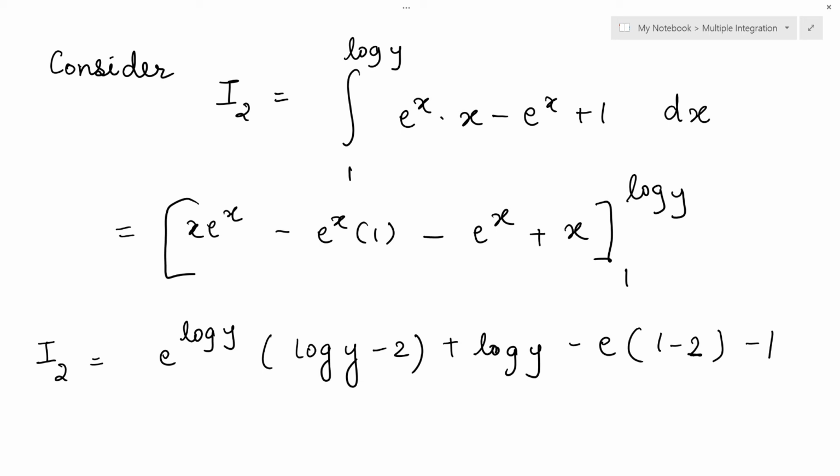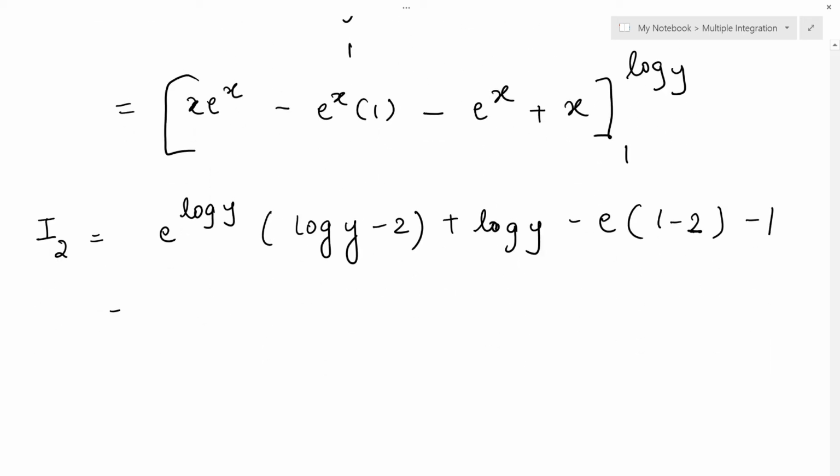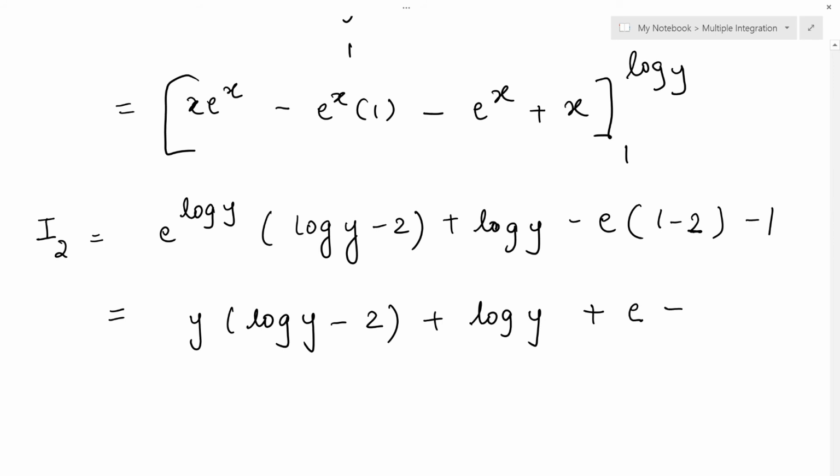So this is the answer for I2, okay, which can be written as what? y log y minus 2 plus log y plus e minus 1. And then we can simplify this further.